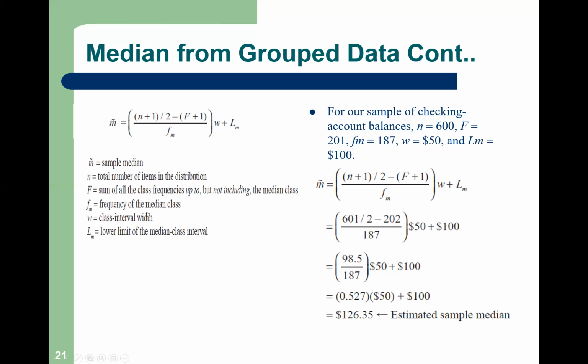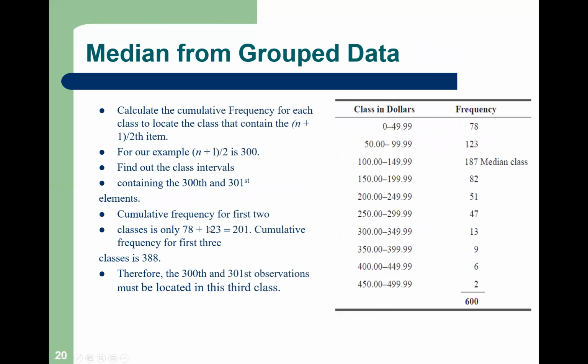Fm represents the frequency of the median class. W represents the class interval width, and Lm is the lower limit of the median class. In our case, the lower limit of the median class is 100.